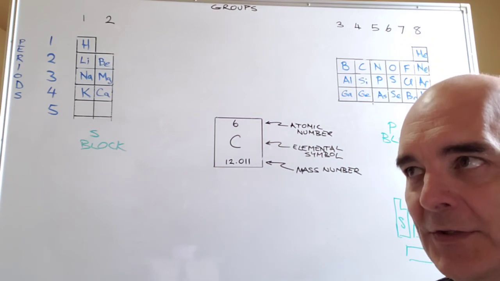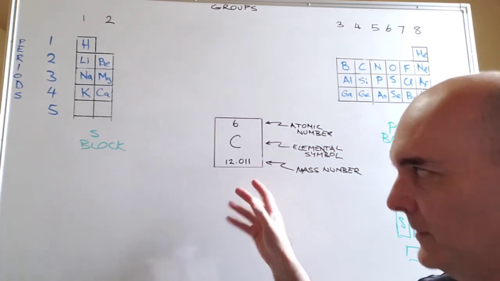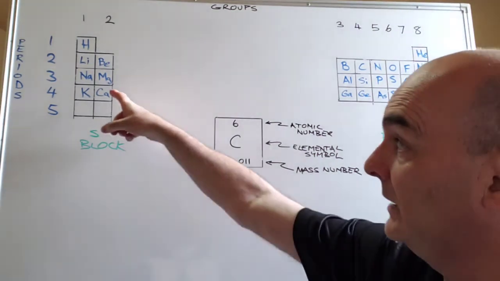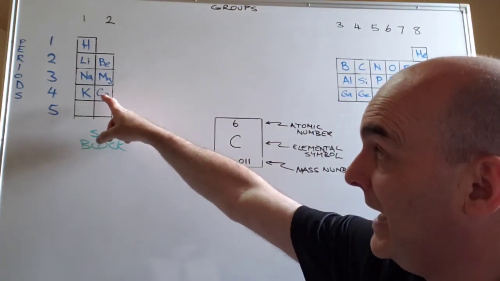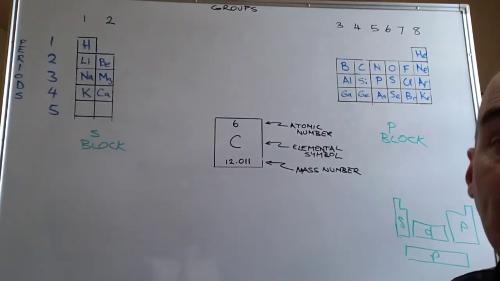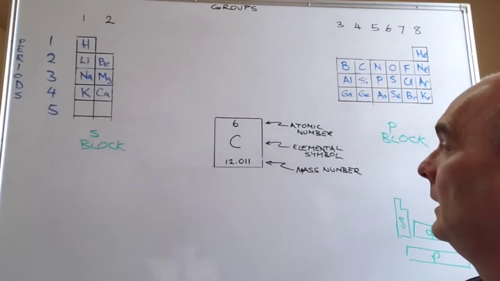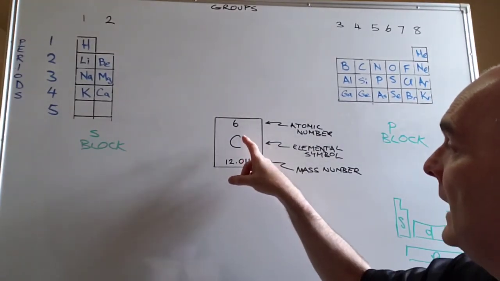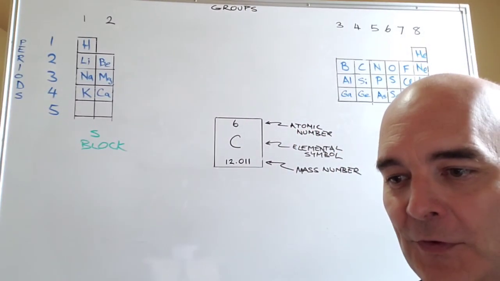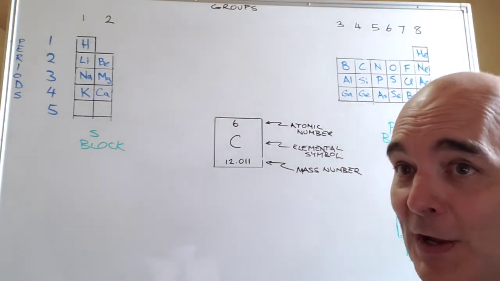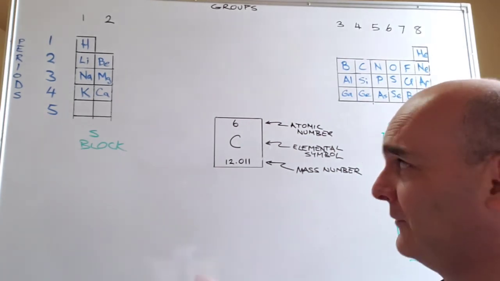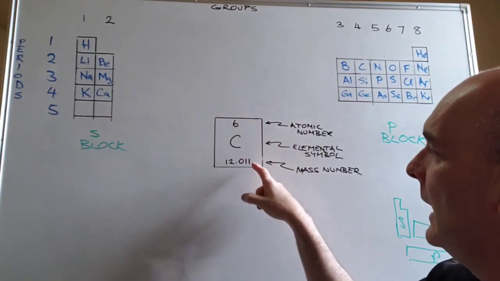If there are 2 letters, the first letter is capitalized and the second one is lowercase. Here, calcium is a capital C and a lowercase a. Carbon is just the capital C. The elemental symbol is shorthand, so we don't have to write the name of the element out every time, because some of them, especially the new ones that have been discovered very recently, have very long names. And then these 2 numbers.